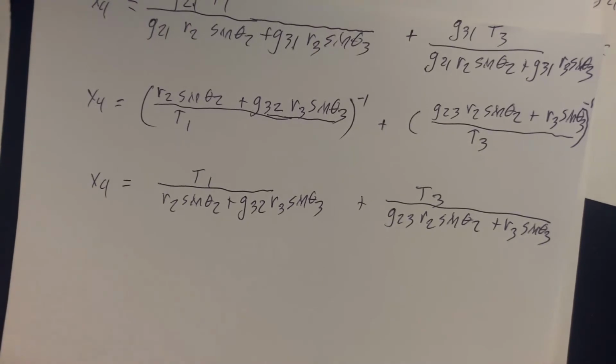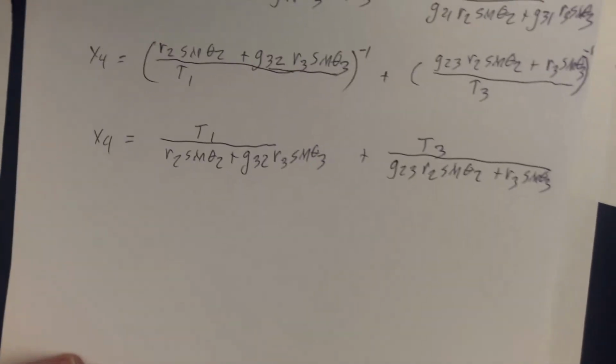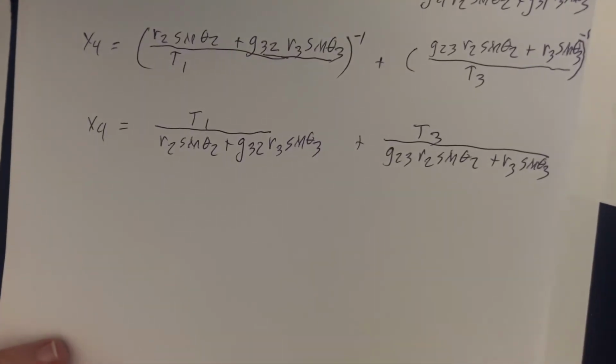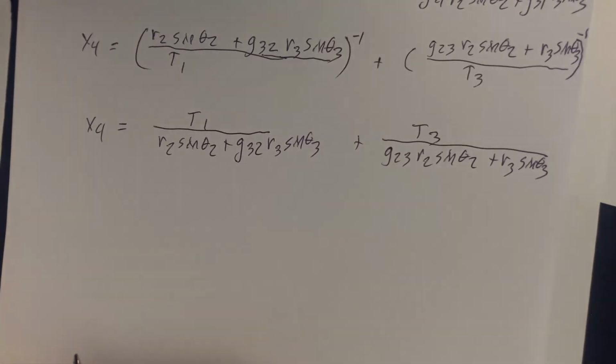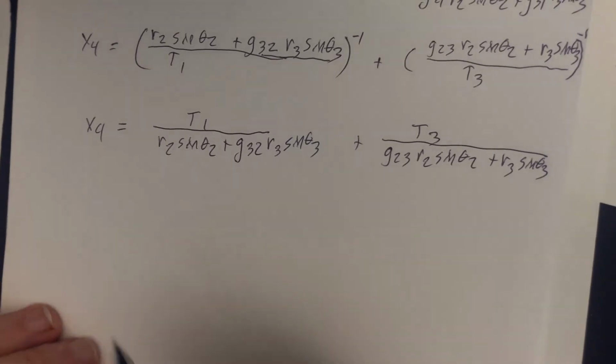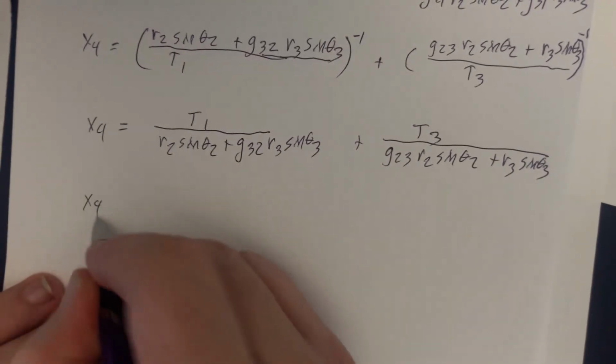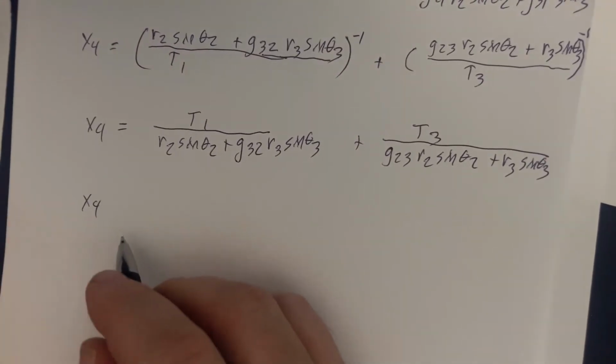Yeah, there's all that algebra. And at this point I can plug in expressions for T1 and T3, and for G32 and G23, though it doesn't simplify much.